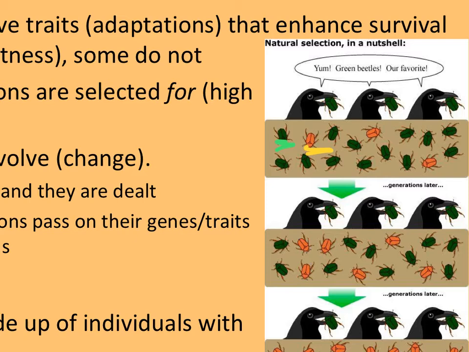It's born one way or the other. The color is the result of a protein pigment, and that protein, of course, is dependent on the alleles that code for that pigment.